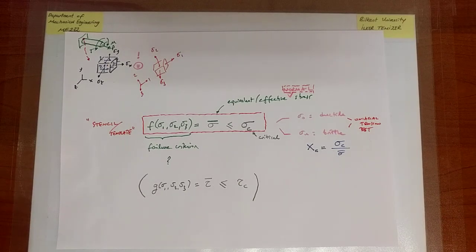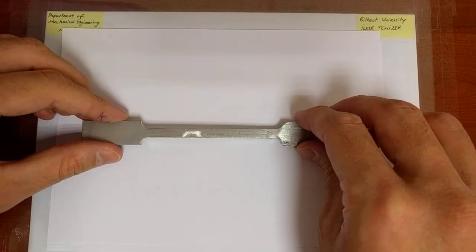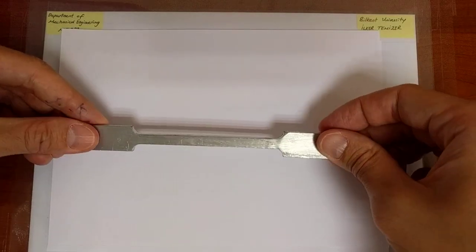So if you have paused, let me rephrase the question once again. So what we are saying is that suppose I have a sheet of aluminum, okay? And I cut out a test specimen from it, and I pull on it in that direction.